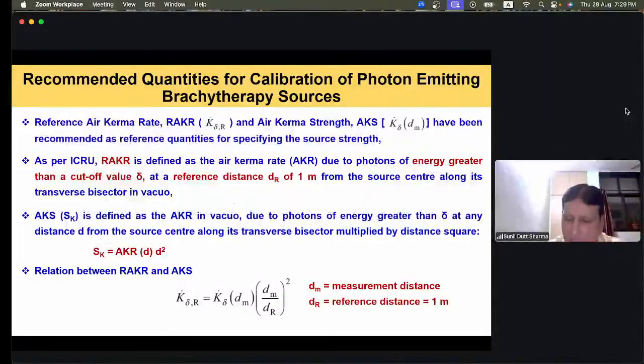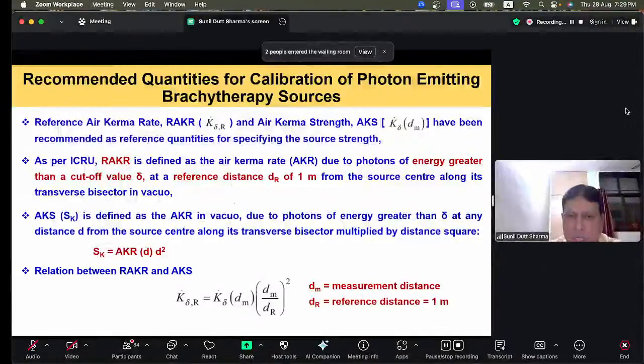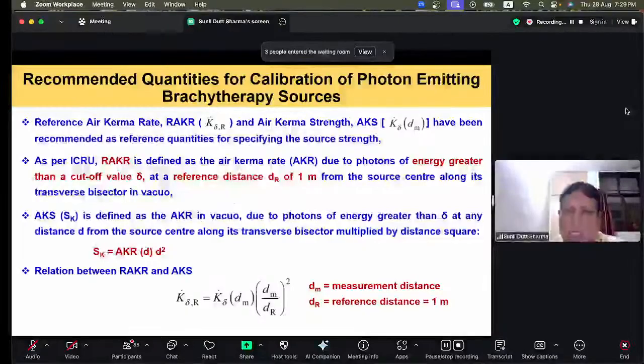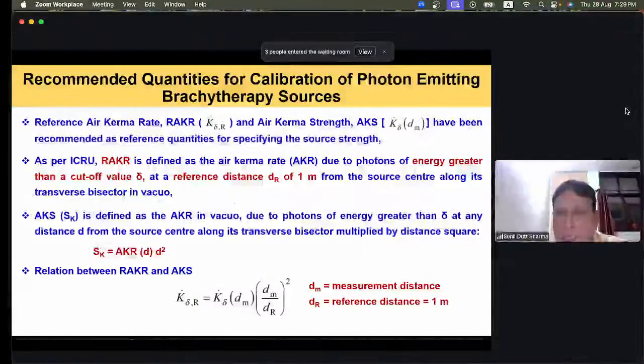Now the question is, what do I mean by low energy and high energy? If the energy of the photons emitted by the source is less than 50 keV, it is classified as a low energy brachytherapy source. But if the energy emitted by the source is more than 50 keV, then it is called a high energy brachytherapy source.